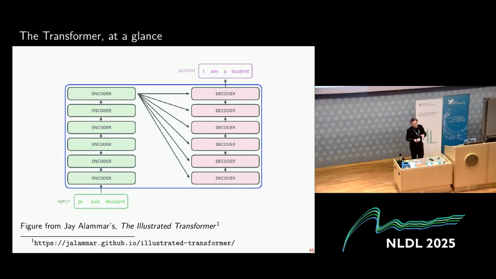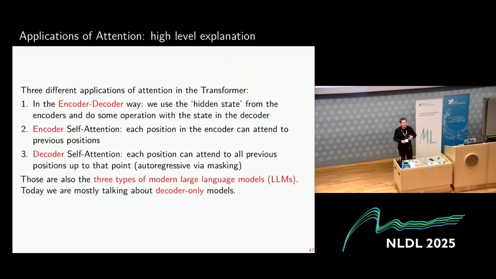And then it uses a cascade of the so-called decoder layers, which are used to then generate a sentence, a document, a text in the target language, say in Norwegian, right? So the original transformer architecture consisted of two parts, encoder and decoder.